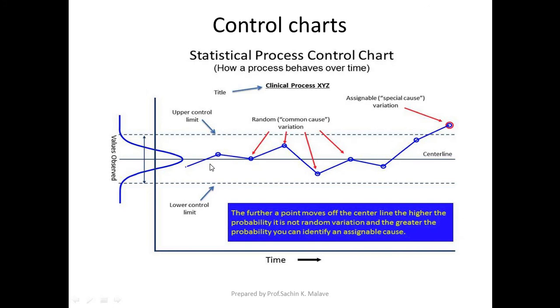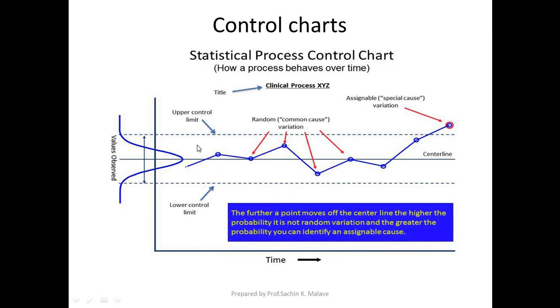Suppose your objective is to turn 100 shafts whose diameter is 30 mm. You cannot every time produce a shaft whose dimension is exactly 30 mm. Some kind of variation is always going to be there, because n number of parameters will cause variation in the size of that shaft.